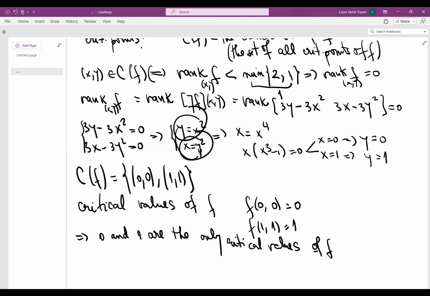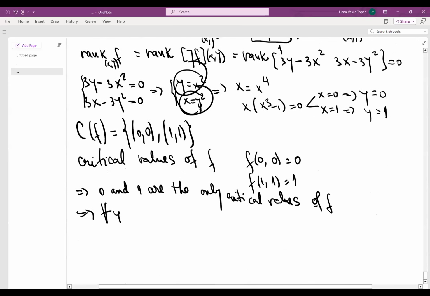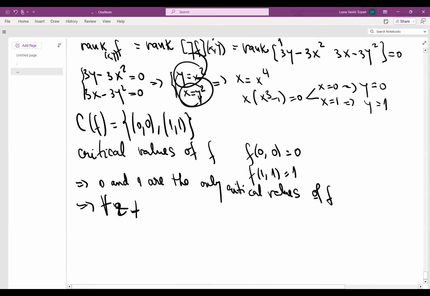of our function f, which means that every number, I'm not going to call it y, I'm going to call it z, every z which is not 0 or 1 is a regular value of f.